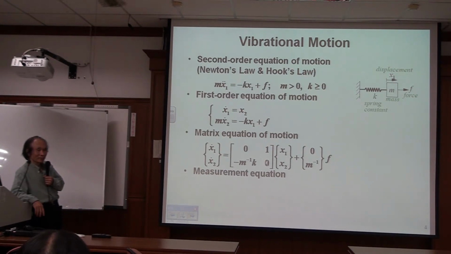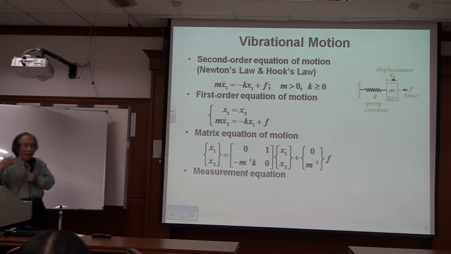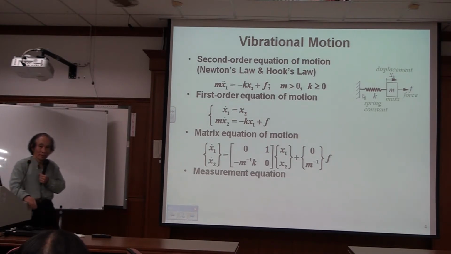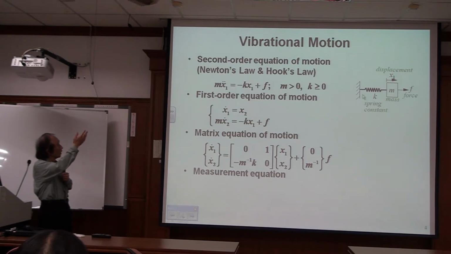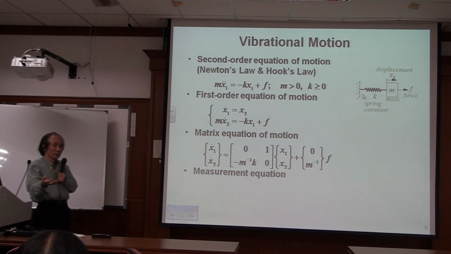That's your frequencies. Right? You see? So the eigenvalue of this 2 by 2 matrix, in matter of fact, is your frequencies. Now it makes sense. Now, if I ask you, what is the eigenvalue of a spring vibrational motion? It's the frequencies.